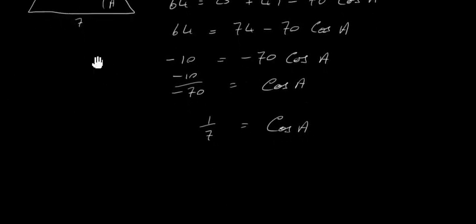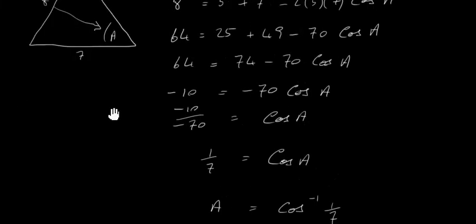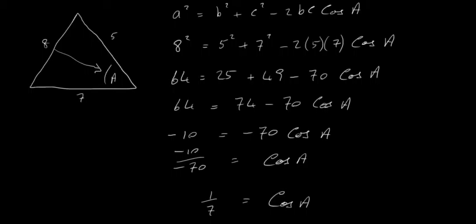So to find A then you just simply do cos inverse of 1/7, that will give me my angle A, and when you work that out you get 82 degrees. So our angle A here is 82 degrees.